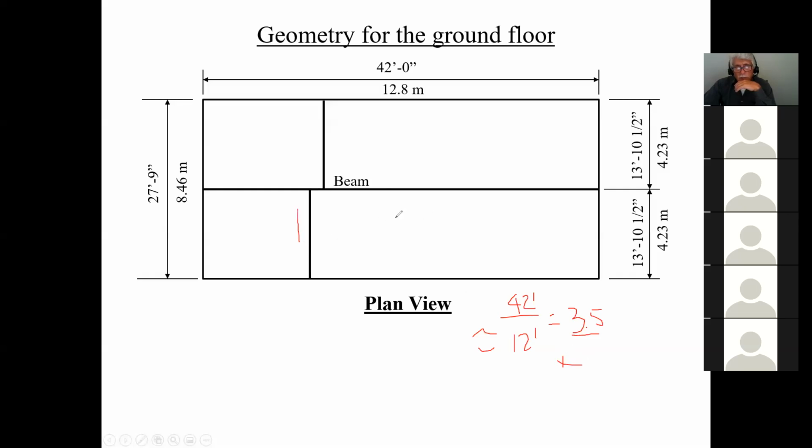In other words, I would have a span there, a span there. So this is 4 spans, 1, 2, 3, 4. And that means that I would be putting 3 columns, and they would be equally spaced. When I'm designing my columns, they would all be the same size. And that's how I break down the geometry for my beam.